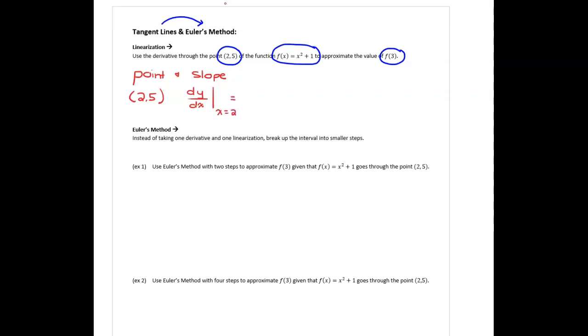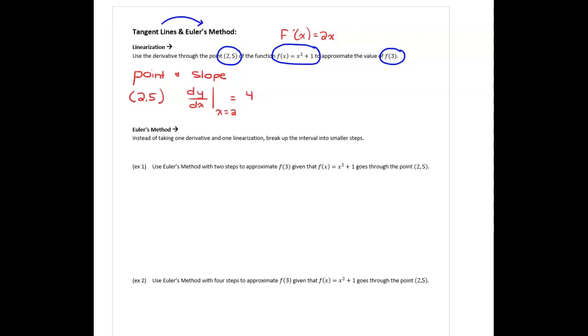For this one, if f(x) equals x squared plus 1, our derivative is simply 2x. So our derivative at x equals 2 is 4, since 2 times 2 is 4.